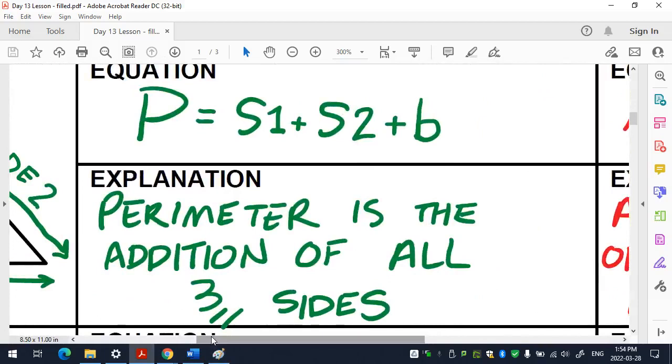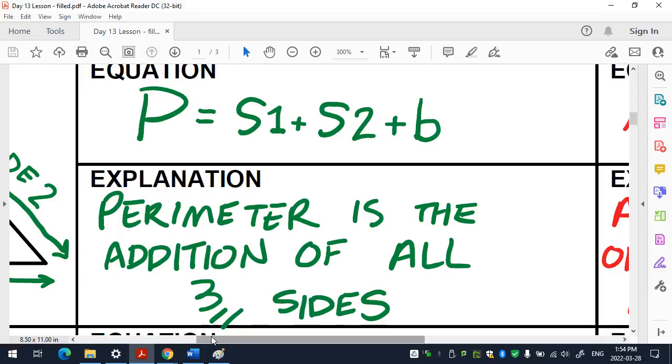Perimeter is side 1 plus side 2 plus base. By the way, I don't care if your S is capital or small. Doesn't matter. As long as you tell me there's an S1, that's side 1. There's an S2 for side 2. And there's a B for the base. And technically, I can't even take marks off if you call it side 3. That's fine. I just like to give it a very special name because it's a very special side.